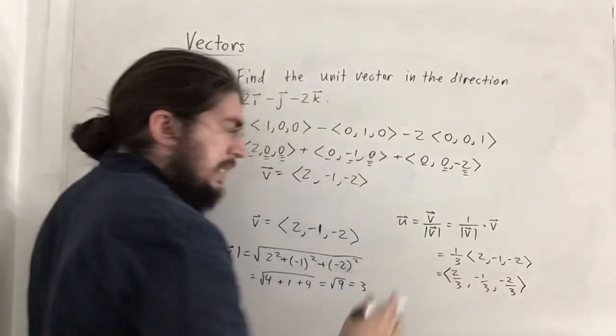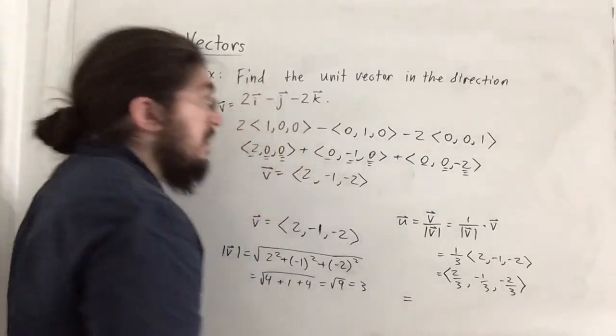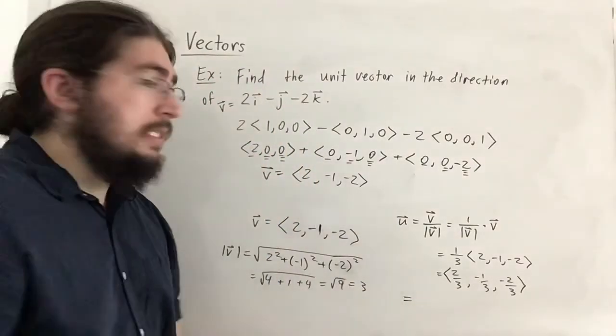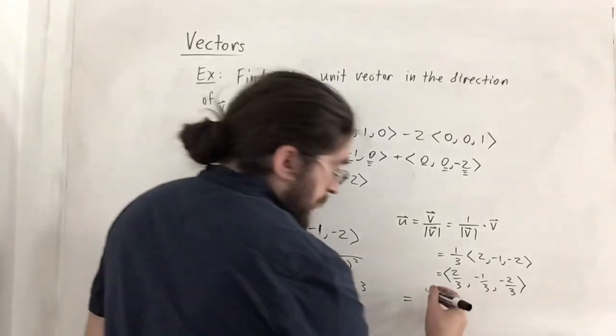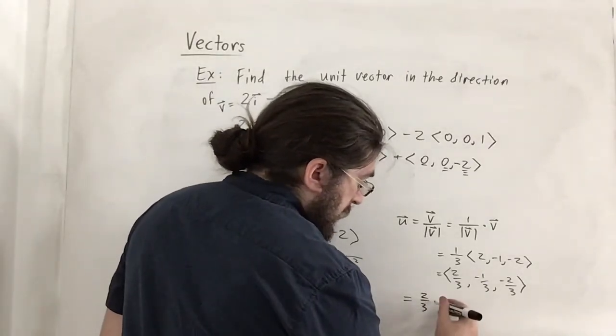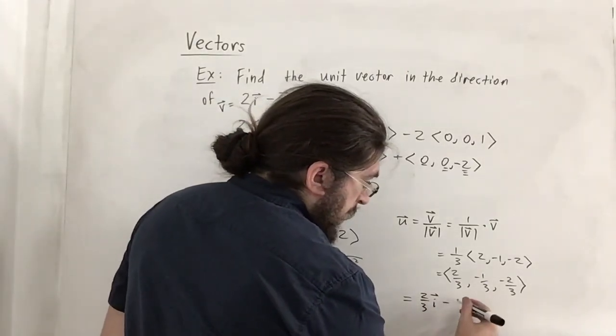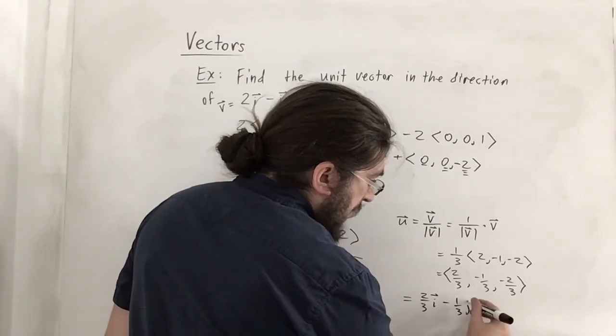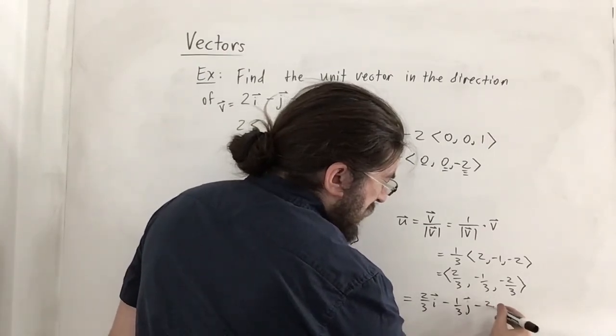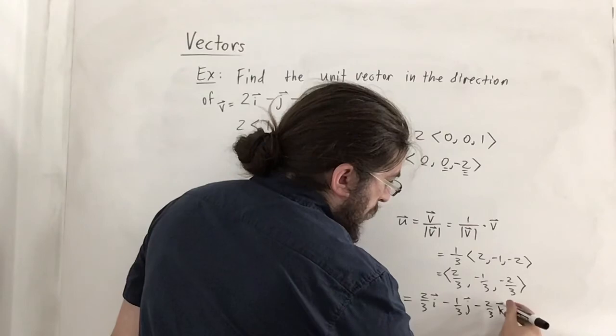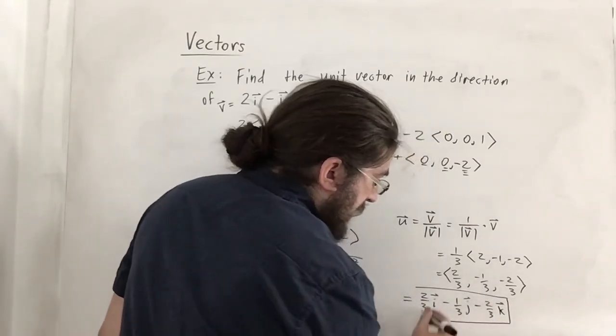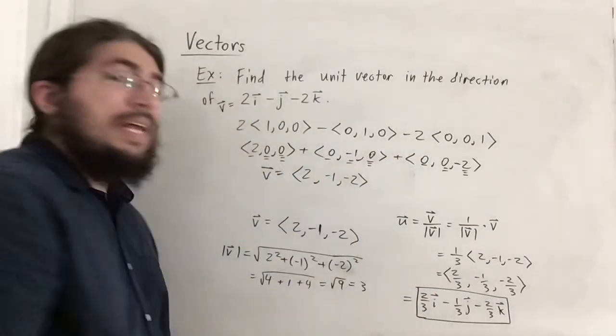So I would box this as my answer, but since we were given a vector in ijk form, let's write this in ijk form. And we know, based on our previous discussion, this is just 2/3 i minus 1/3 j minus 2/3 k. Perfect. And I'll box this. That's the answer for this example and the end of this video.